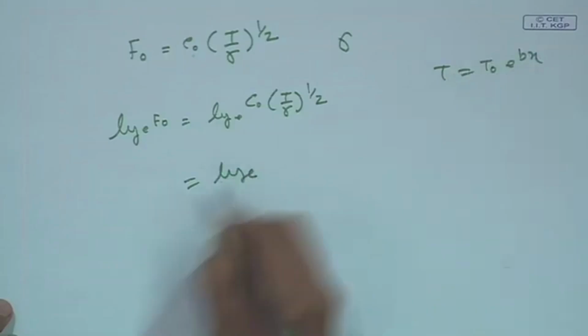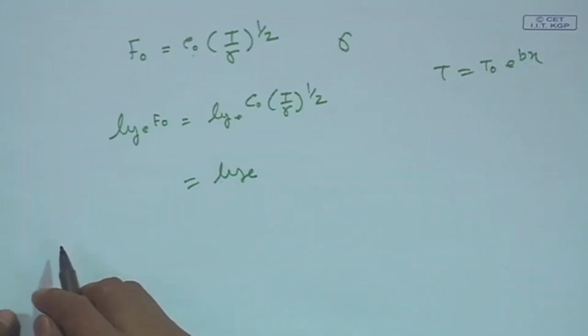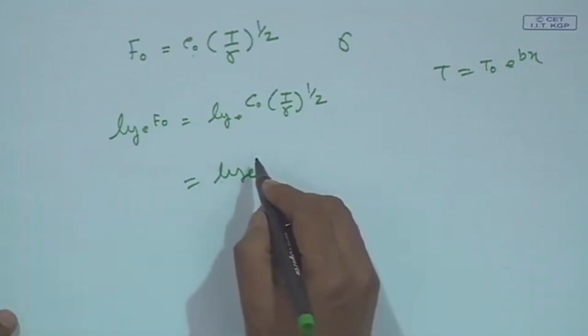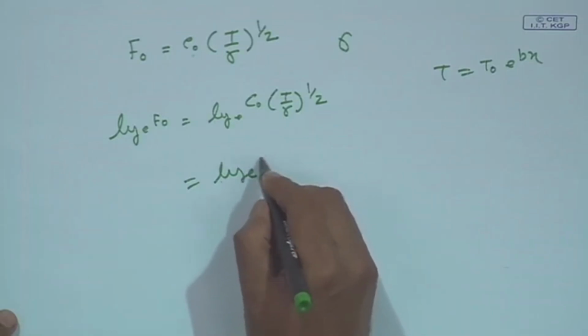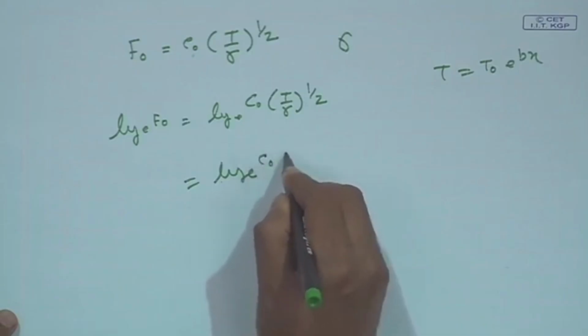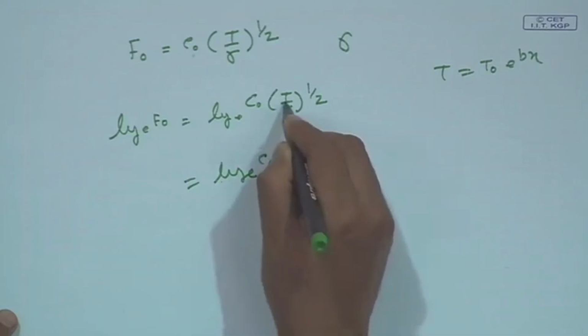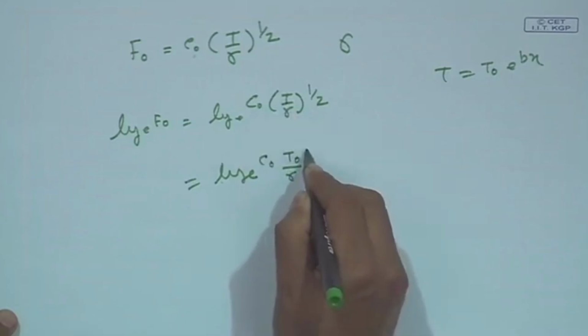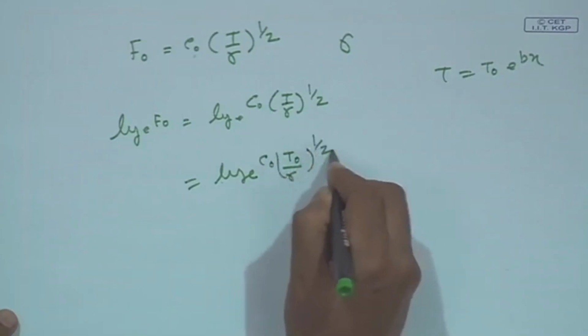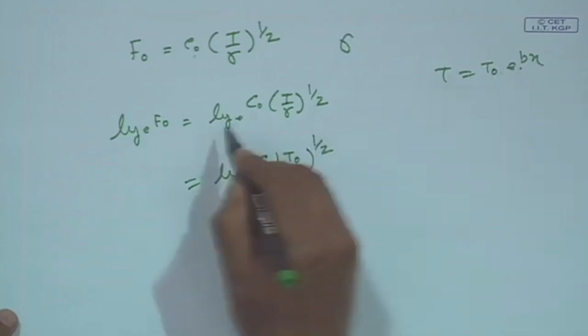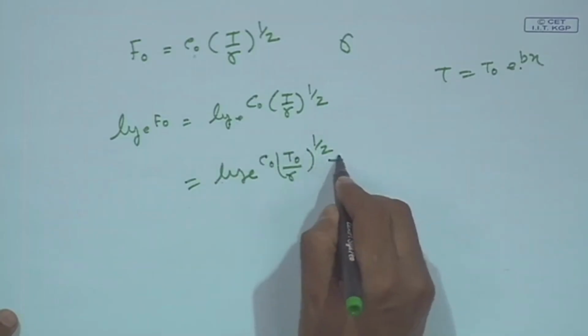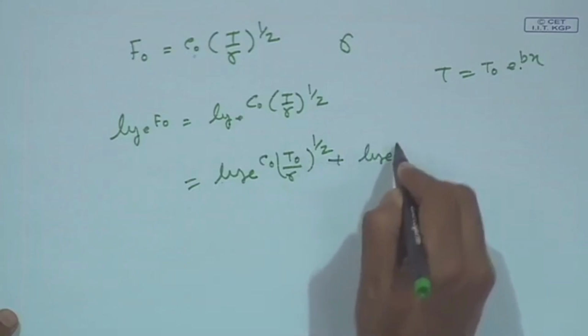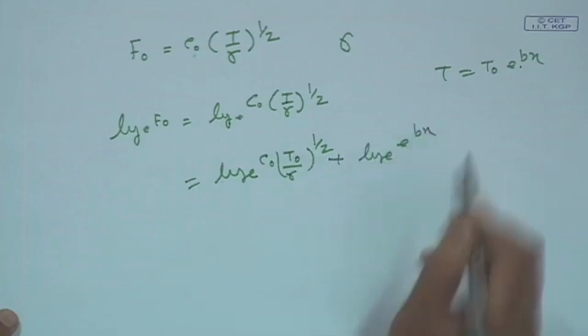So I can say log e of (C0 T0 by sigma) to the power half is one term, and e to the power bx gives plus log e of e to the power bx.